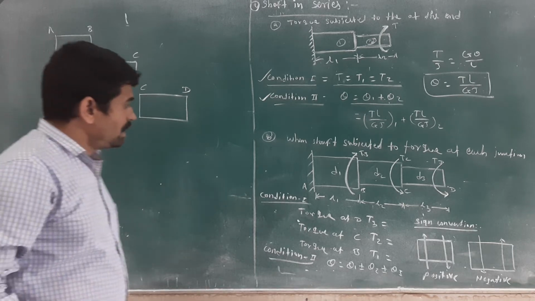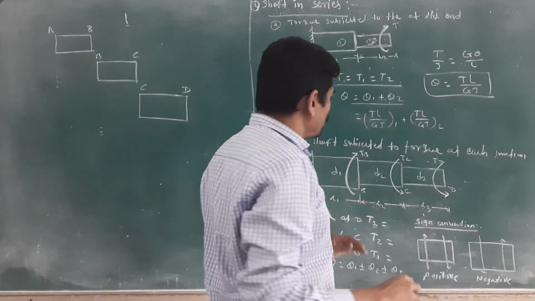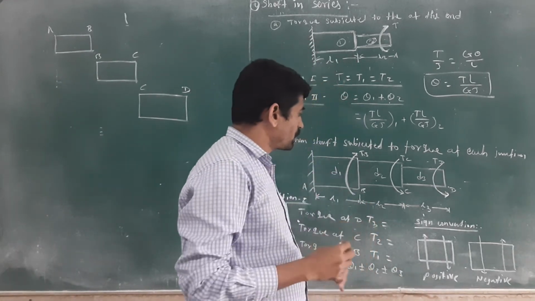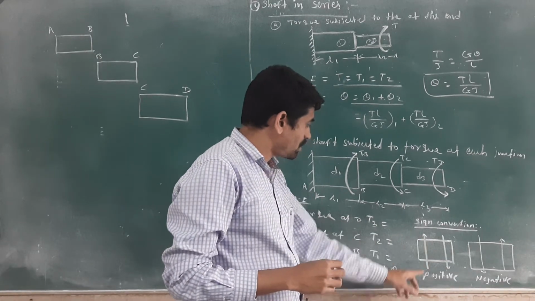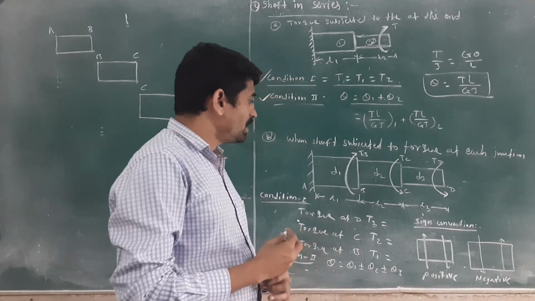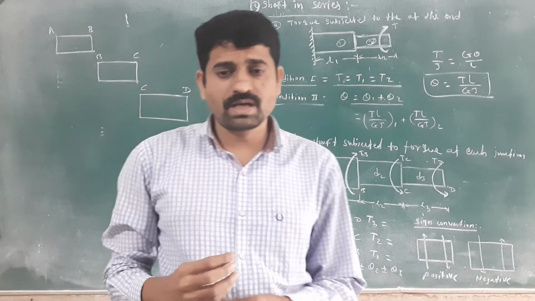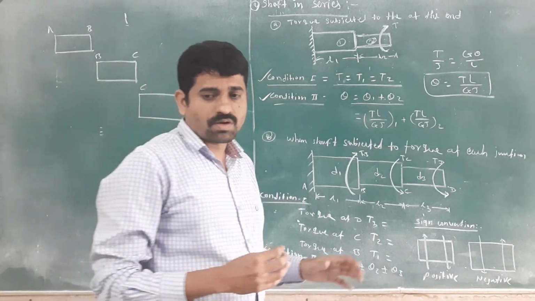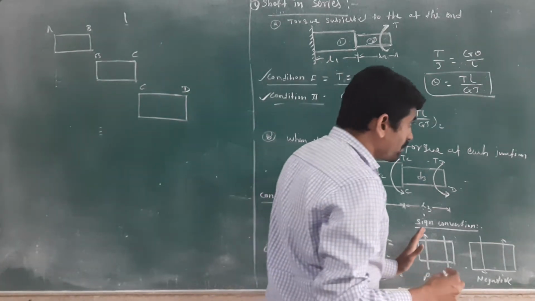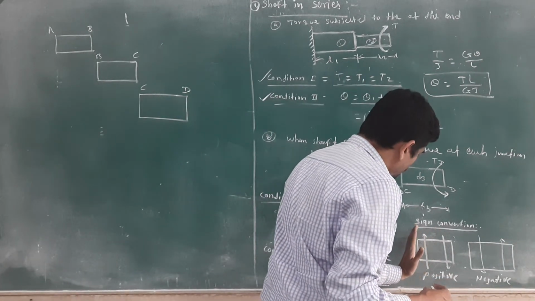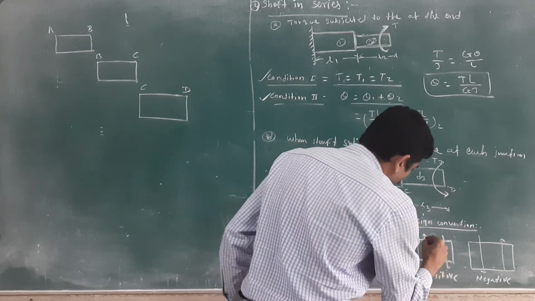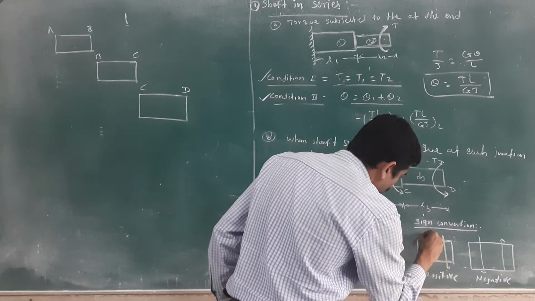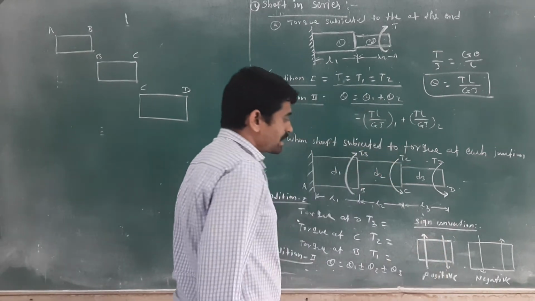Before going on, you should know the sign conventions also. Here I have drawn the sign convention. Remember that you should consider it. If a clockwise torque is at the left end of the given shaft, then you should consider the upward direction.